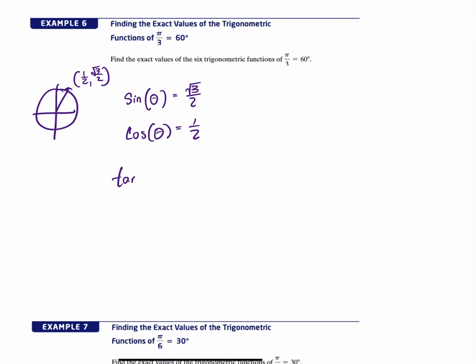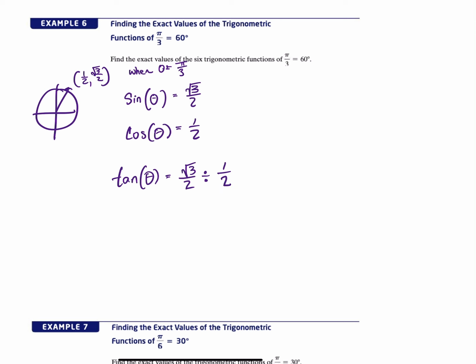The tangent, and this is when theta equals pi over 3, the tangent is the sine over cosine. So our sine value is root 3 over 2 divided by the cosine. I'm going to write it out like this, divided by 1/2.